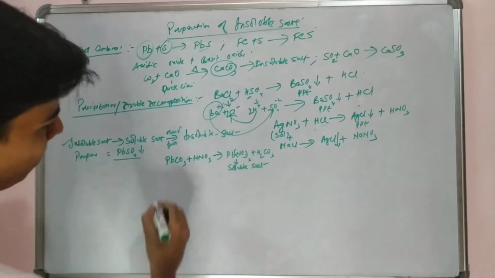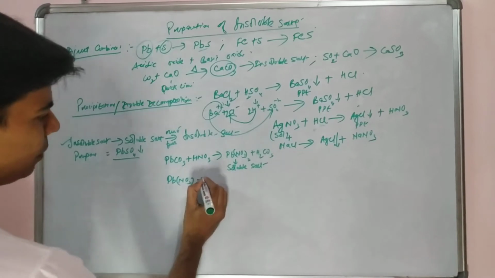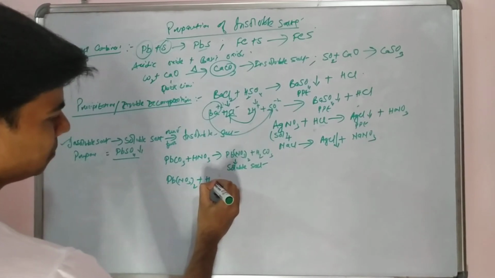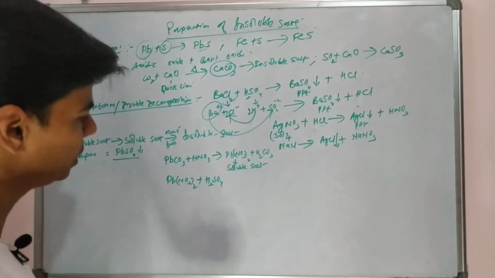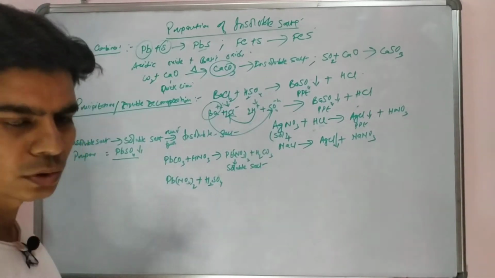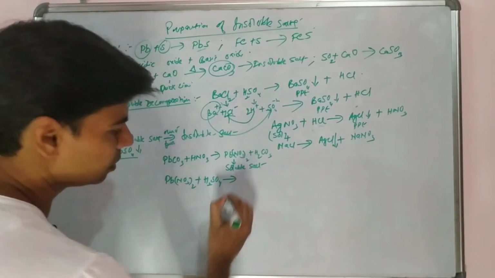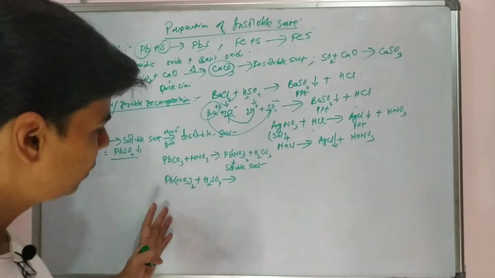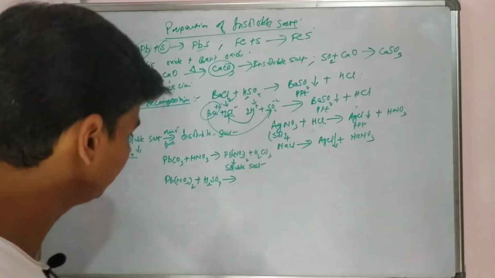Now let's say Pb(NO3)2 will react with sulfuric acid. If we mix lead nitrate solution with sulfuric acid, both are liquid, both will mix together and give you an insoluble salt, which would again be a precipitate.